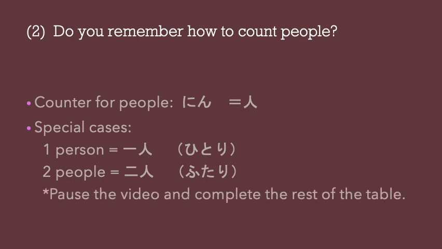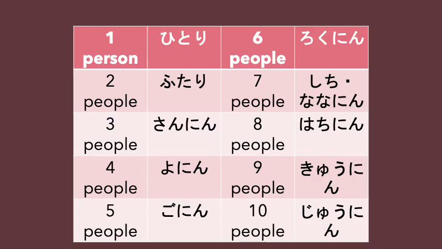Pause the video here and complete the rest of the table. Here are the answers for the table number 2. Hitori, futari, 3人. 4 people is an exception. It's not 4人, but 4人.